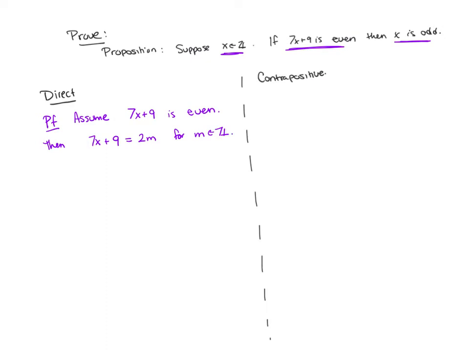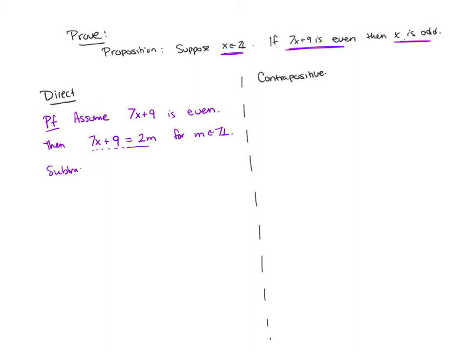Now, what can I say from there? I'm trying to get to the fact that x is odd. So what I want to do is probably try to solve this expression for x. So we can say adding 9. Oops, I guess I don't want to add 9. I want to subtract 9. Let's fix that.